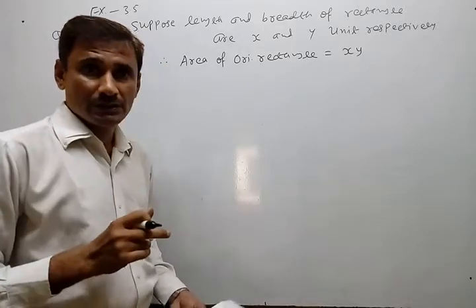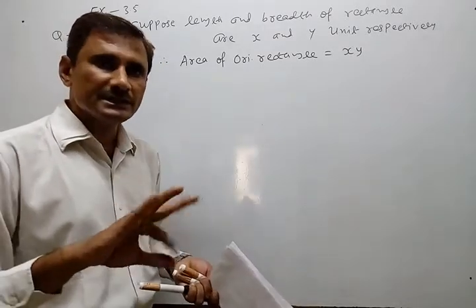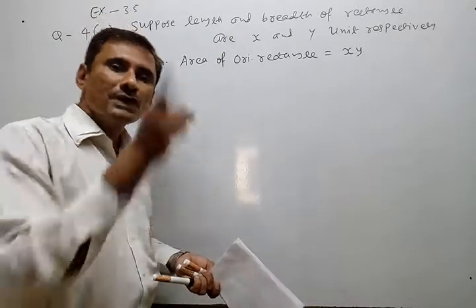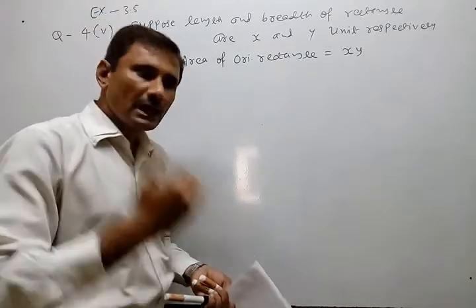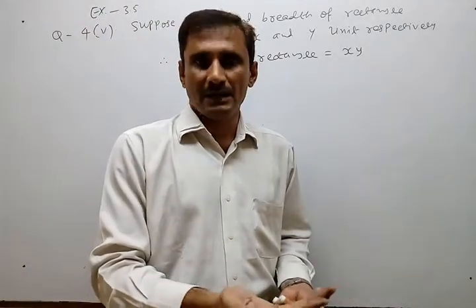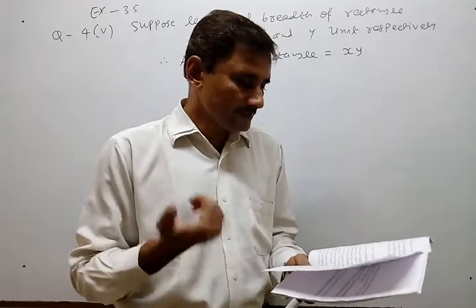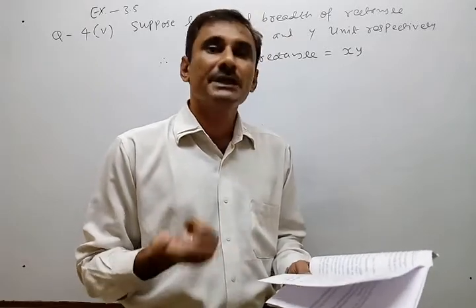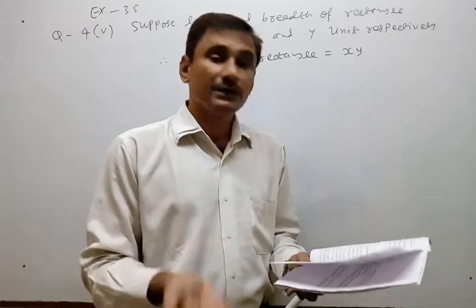Just I remind you, in the earlier sum we supposed x and y as the numerator and denominator, so we got that fraction. The same way we got the area here. Now change according to what they tell. They are telling if the length is reduced by 5 and breadth is increased by 3, then the area is 9 square units less.